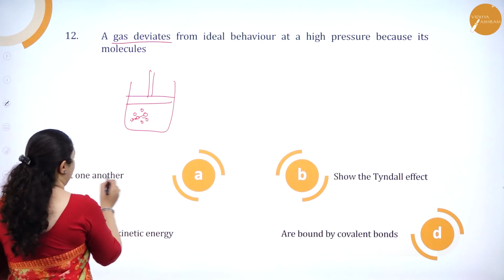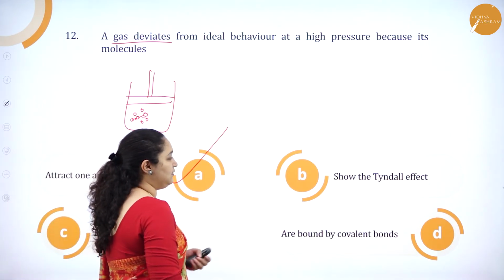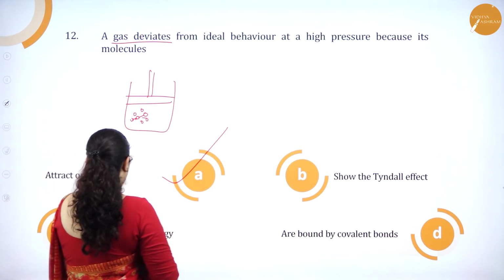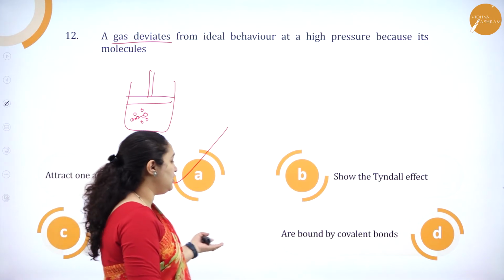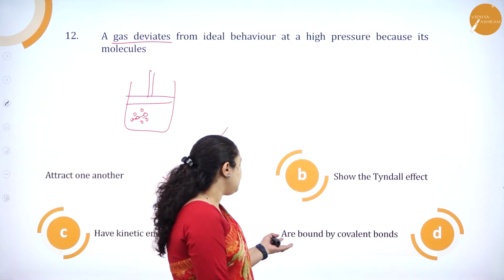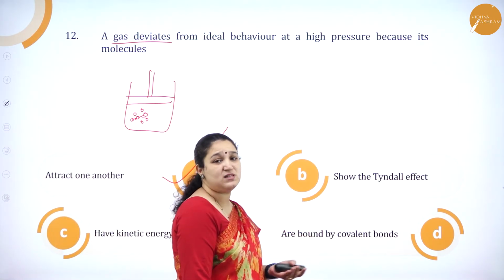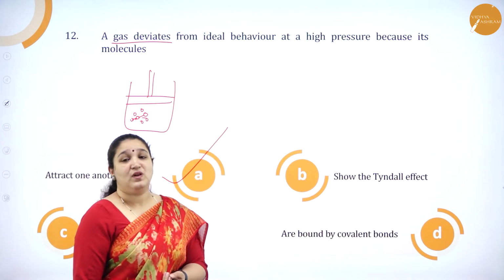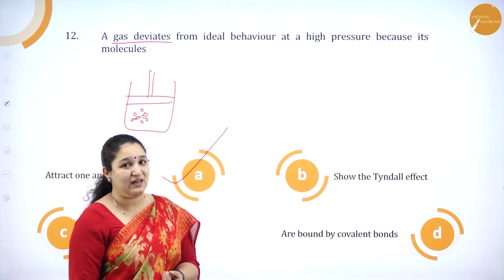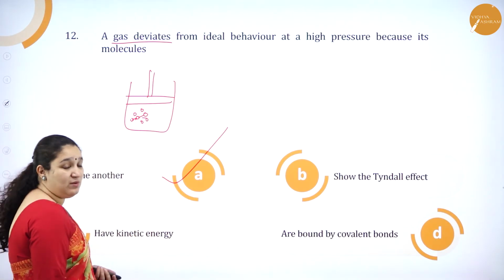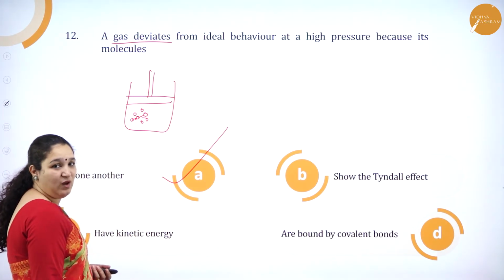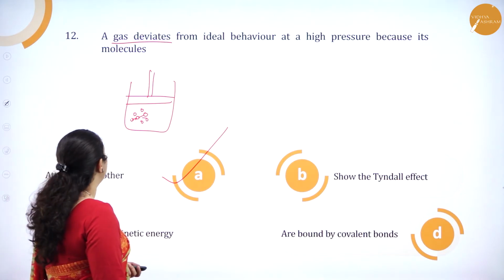Because they attract one another. They do not show the Tyndall effect. They have kinetic energy, but if you increase pressure, kinetic energy will not increase much. Bound by covalent bonds is even wrong because it's gases. So here, why exactly do they deviate at high pressure? It is because the molecules attract one another. Okay, so that's about this question.